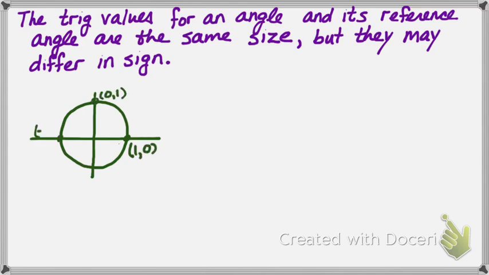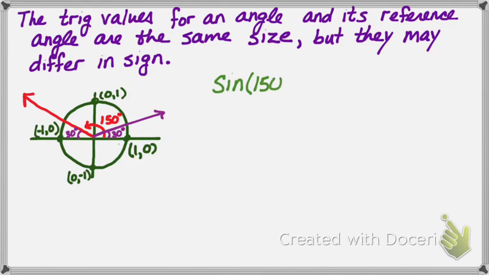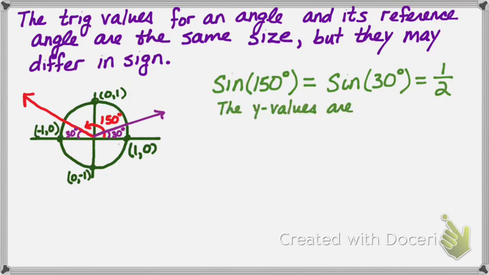So here is our unit circle again, and drawing the angle of 150 degrees that has the reference angle of 30 degrees. Sine of 150 degrees is the same as sine of 30 degrees, which equals a half. And this is because the y values in the first and the second quadrant are both positive.